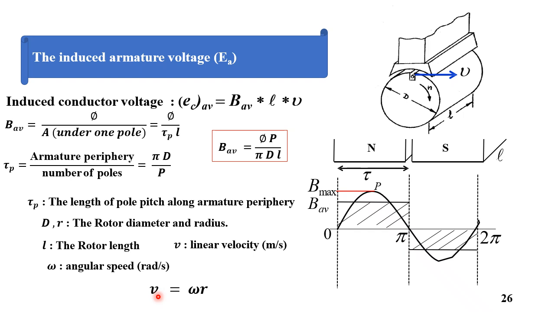The relation between the linear speed and the angular speed: the linear speed equals angular speed times the radius.